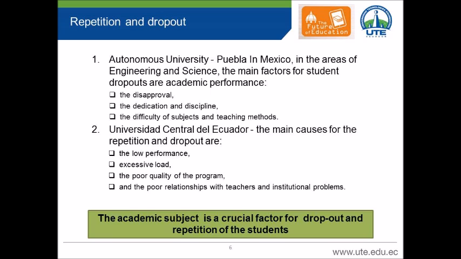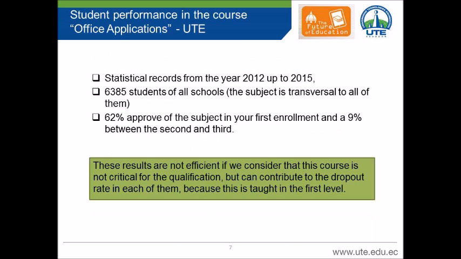In the same way, a similar study at the Universidad Central del Ecuador in the year 2012 concluded that the main causes for repetition and dropout are low performance, excessive load, poor quality of the program, poor relationships with teachers, and institutional problems, being then the academic subject a crucial factor for student dropout and repetition.